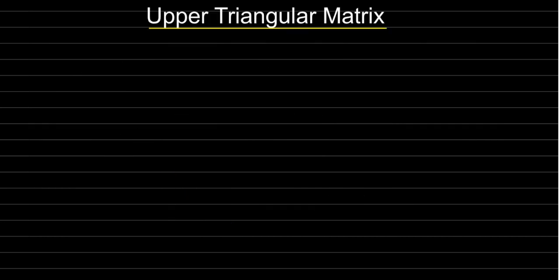Next specific type of matrix is upper triangular matrix.